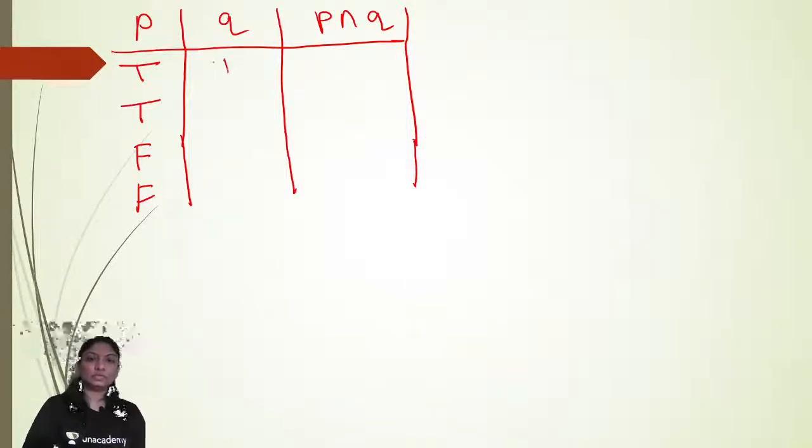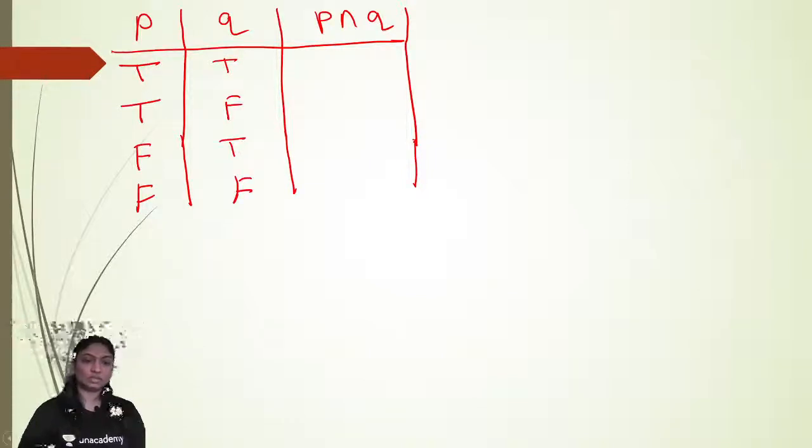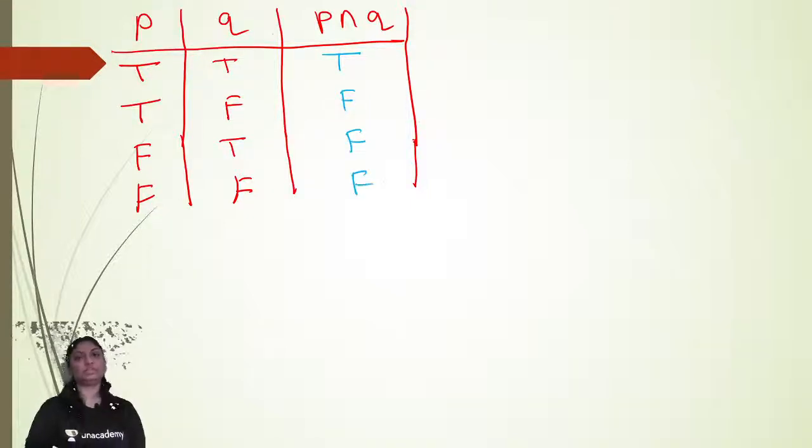Q: true, false, true, false. Now we will write the conjunction column in a different color. If both are true, then it is true. If one of them is false, then it is false. If both are false, then also false. This is the truth table of P and Q.